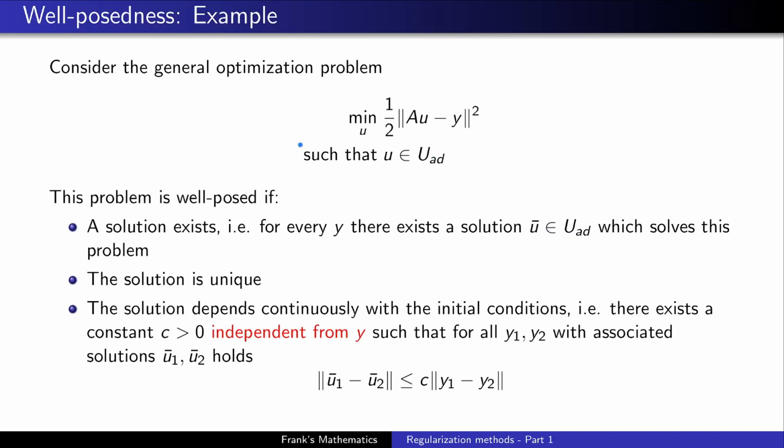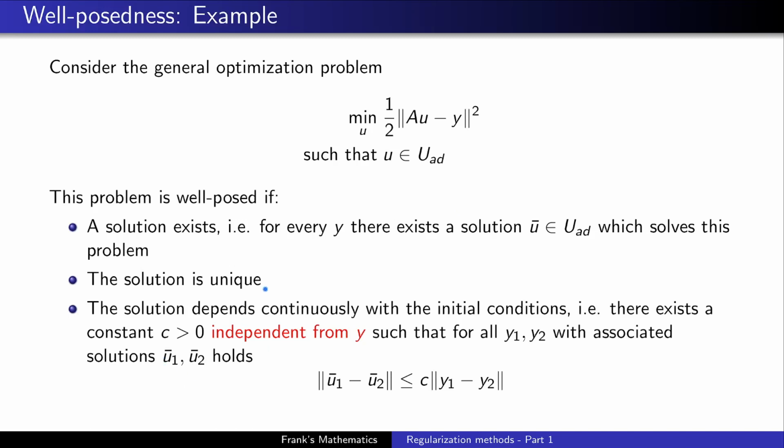Number two, of course, the solution is unique. And number three, we said the solution depends continuously on the initial conditions. What does this mean in our case? That means that we are given two different states, Y1 and Y2, and we know that for every state Y1 and state Y2 plugged into the optimization problem, there exists a unique solution, which is called bar U1 and bar U2.